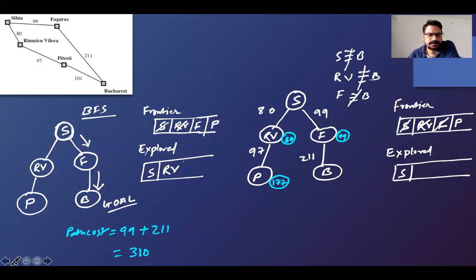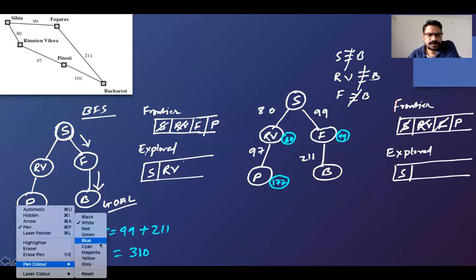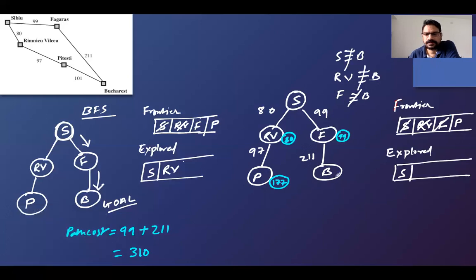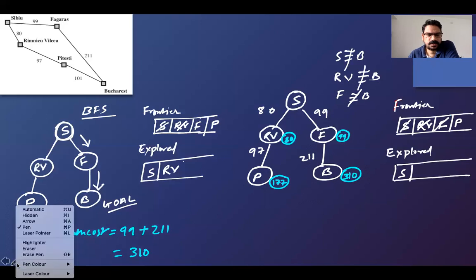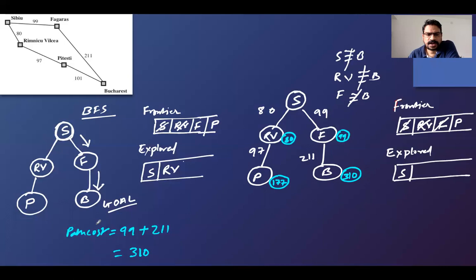And the total cost of reaching Bucharest here is 99 plus 211, which is 310. So right now, in my frontier, I have Bucharest as a child node. Sorry, RV has been explored, right? Fagaras has already been explored.